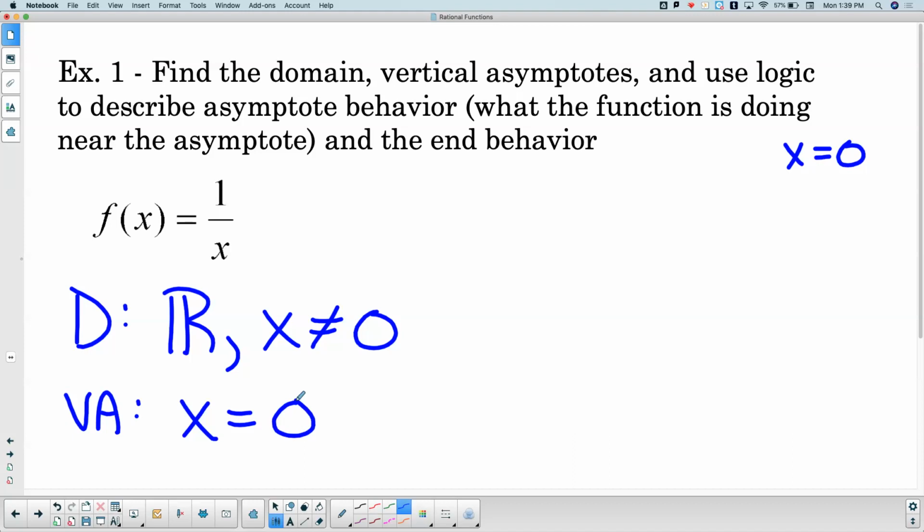Then it says, use logic to describe the asymptote behavior. That's what the function is doing near the asymptote. And the end behavior. Let's deal with end behavior first, because we've already dealt with it and have some experience with it.